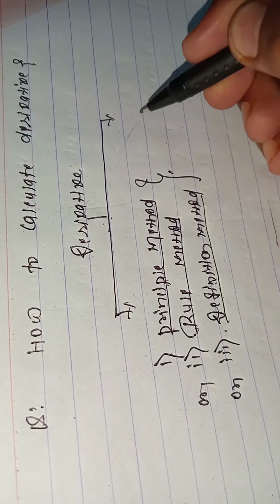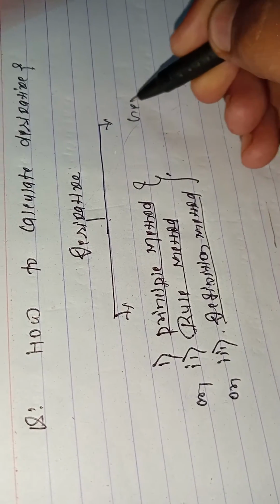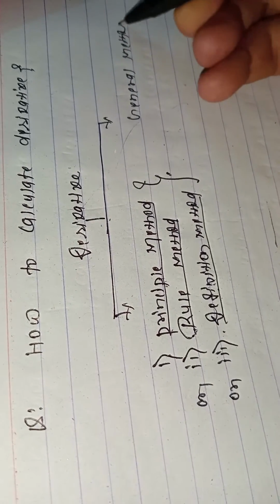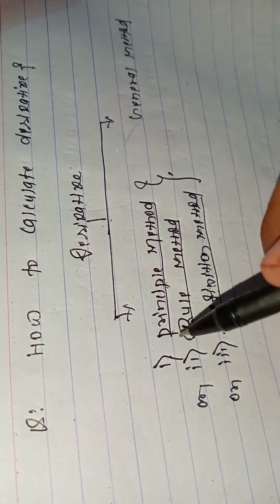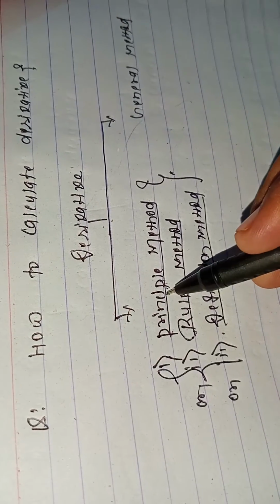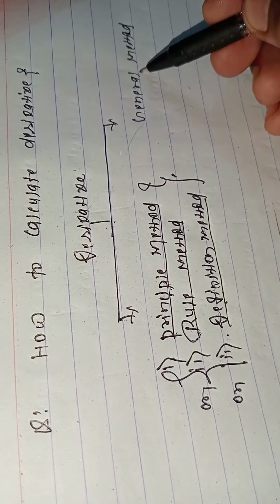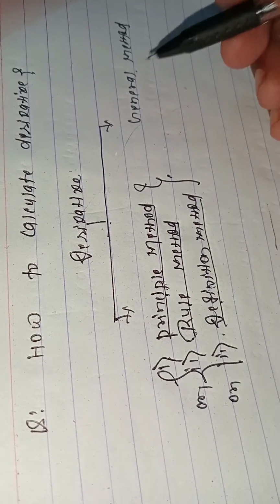In the same way, the second is the general method. The first is either principal, rule, or definition, and the second one is the general method.